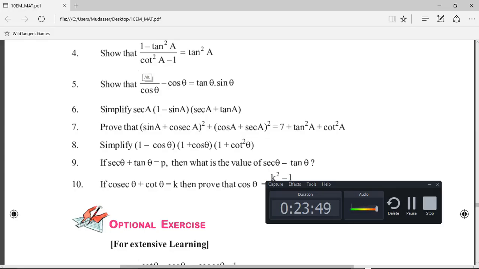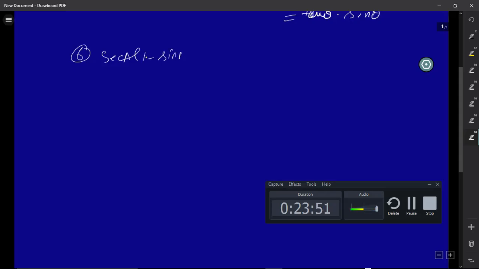I'll just convert every other trigonometric ratio in the form of either sin theta or cos theta. In solving this problem, I can actually make use of the secant square theta minus tan square theta is equal to 1 identity also. But instead of that, I'll just stick to one basic concept which we were using for all these problems. We'll convert every trigonometric ratio in the form of either sin theta or cos theta.